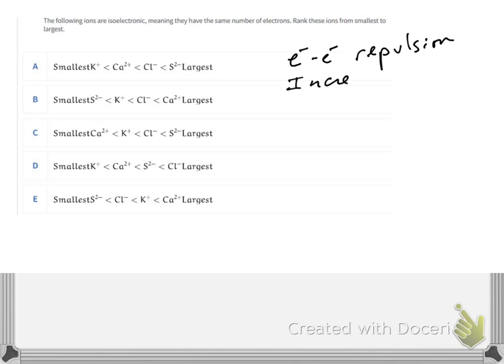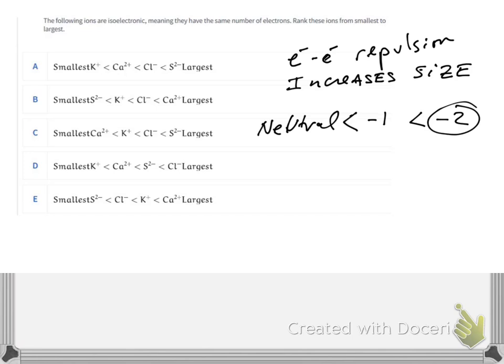So the more electrons we have, the bigger the size. If we were looking at a neutral atom versus a -1 charge, which has one additional electron, or a -2 charge, then -2, which has the additional electrons, would be the biggest because of these repulsions, and the neutral species would be the smallest.